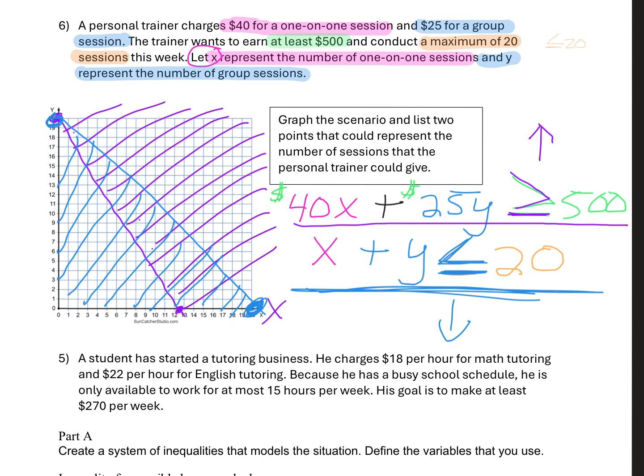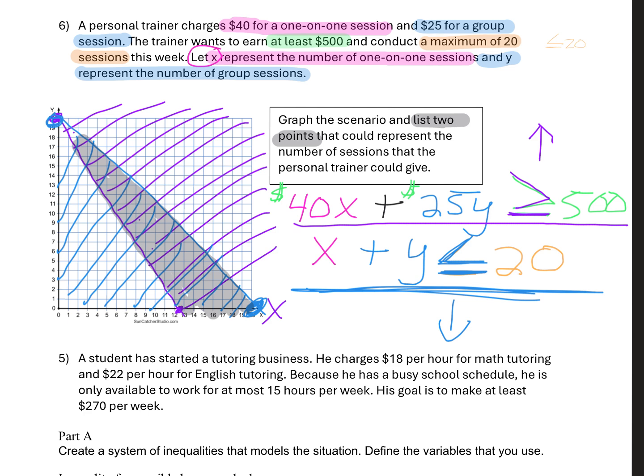And remember that possible points that could represent the number of sessions the trainer could give are going to be right here in this area where you see both the blue and the purple. Where they overlap, that is where the trainer could make enough money but then not work more sessions than she plans.